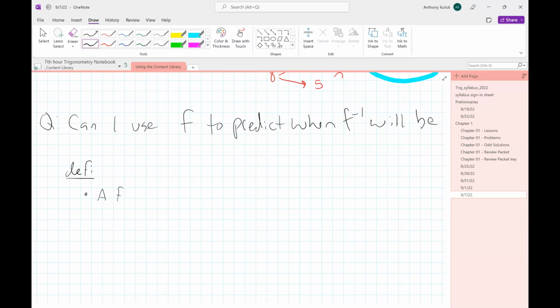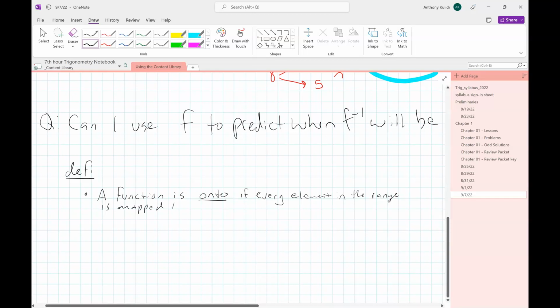So we say that a function is onto if every element in the range is mapped to by some element from the domain.